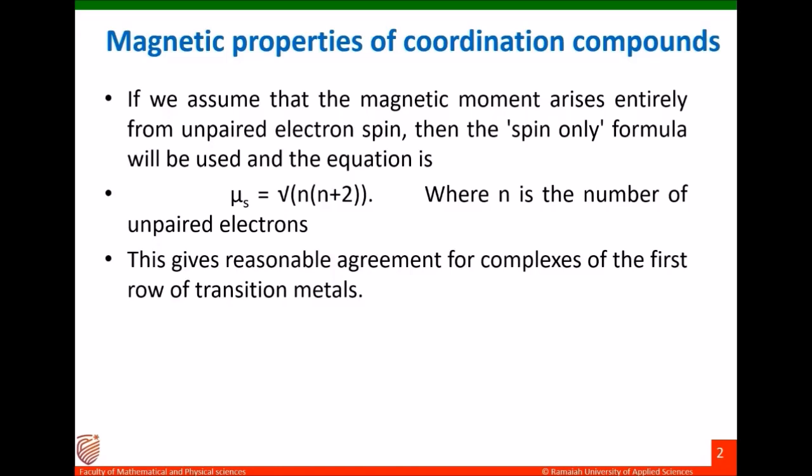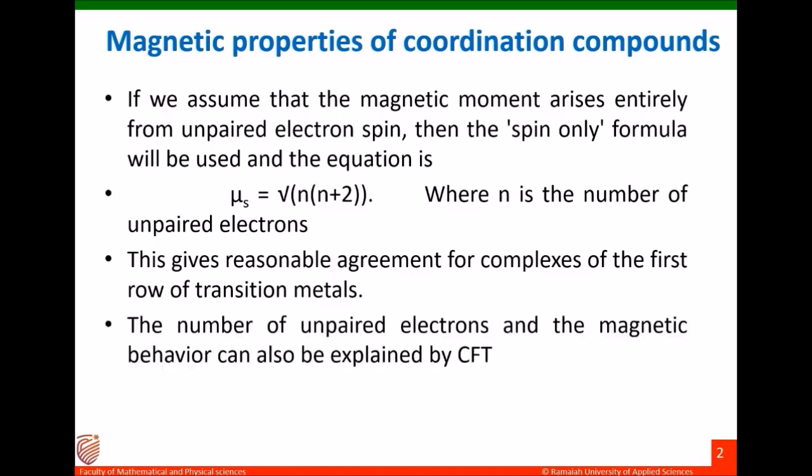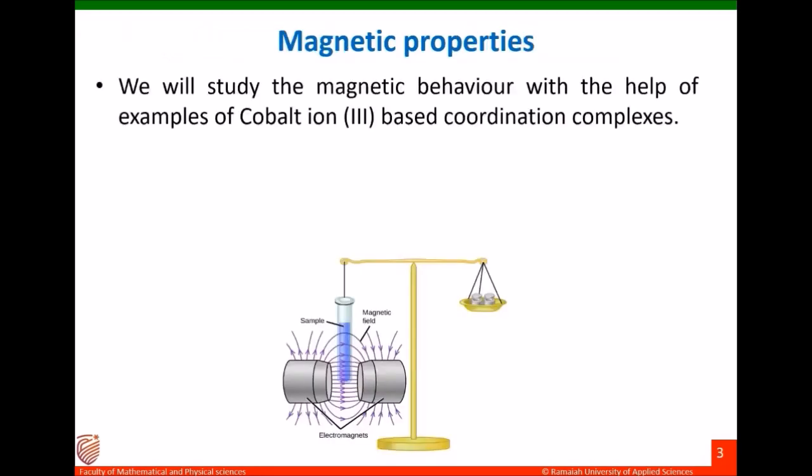The number of unpaired electrons and the magnetic behavior can be explained with the help of crystal field theory. We will study the magnetic behavior with the help of examples of cobalt ions, Co3+ based coordination complexes.